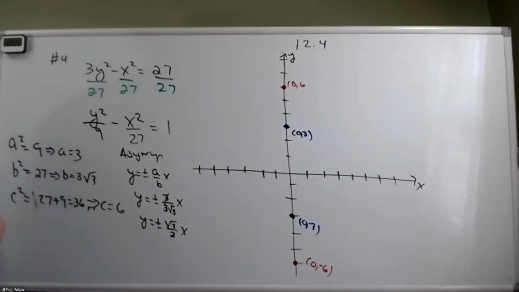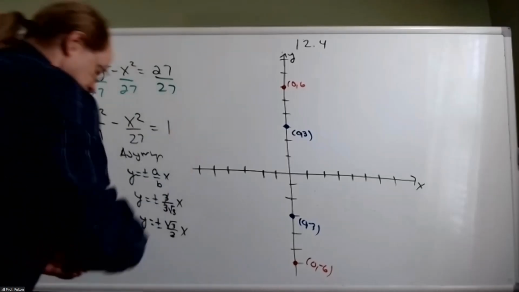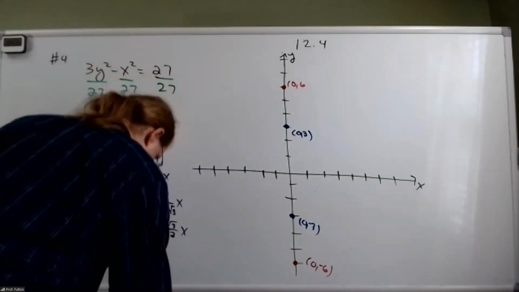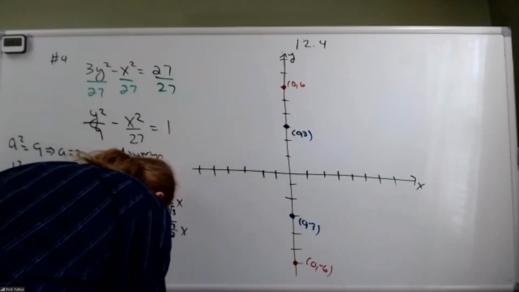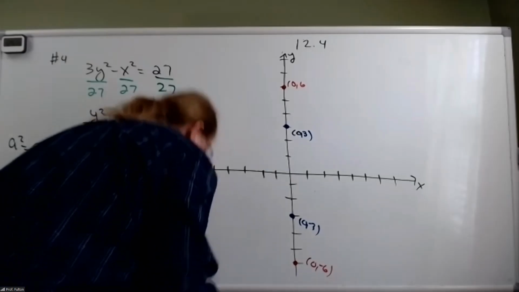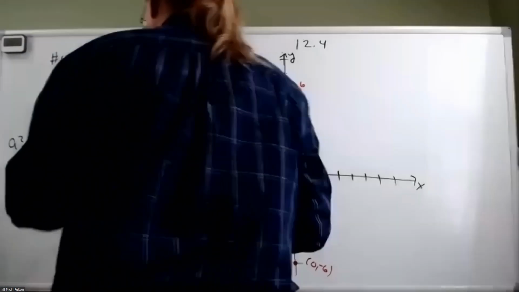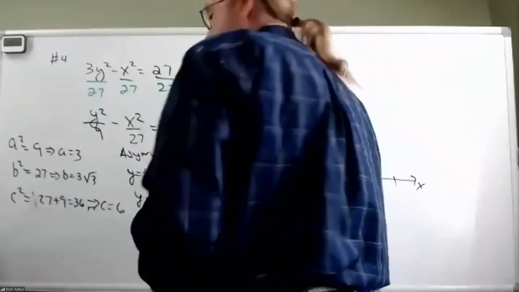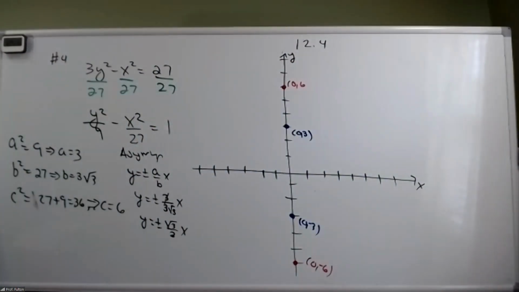But then I also put the boxes over here. So in this case, that's 3. So my box is going to go a different color this way. And this goes out, the other one goes out to 3 square roots of 3. Let's get an estimate of what that looks like. So 3 times square root of 3, think about 5.2.